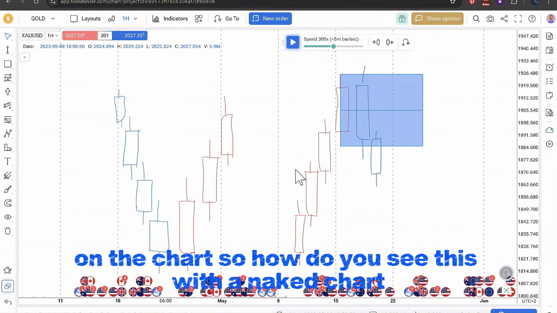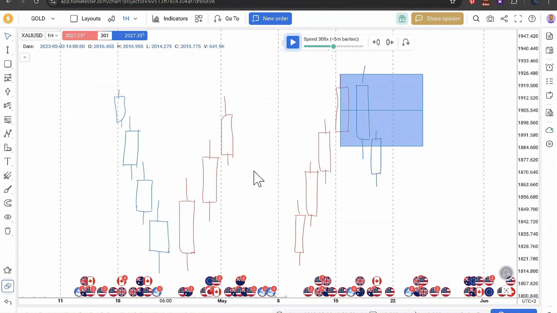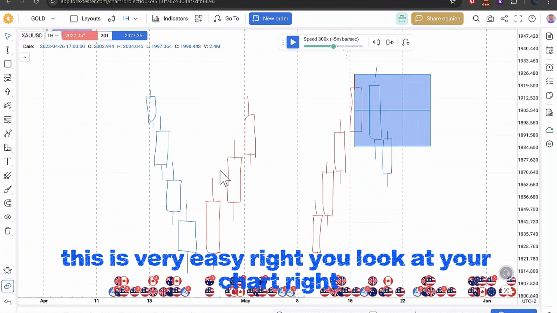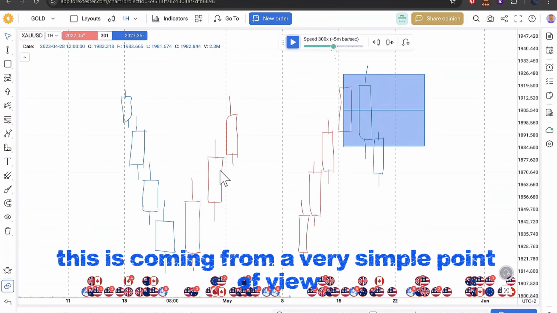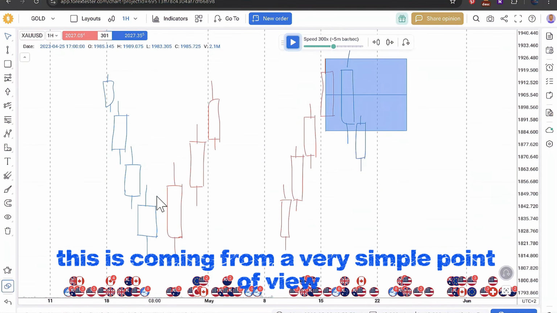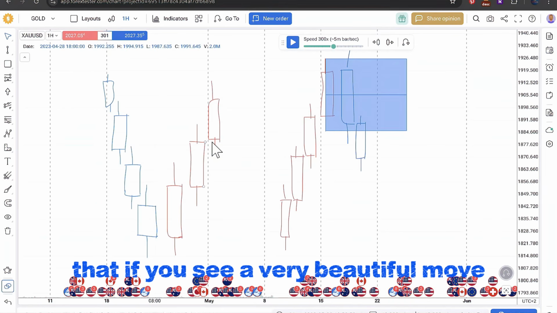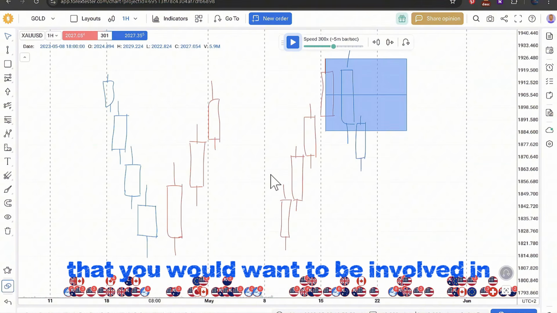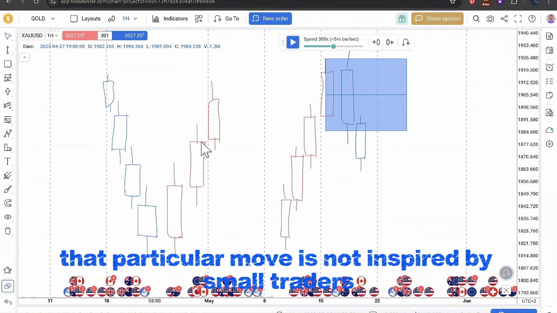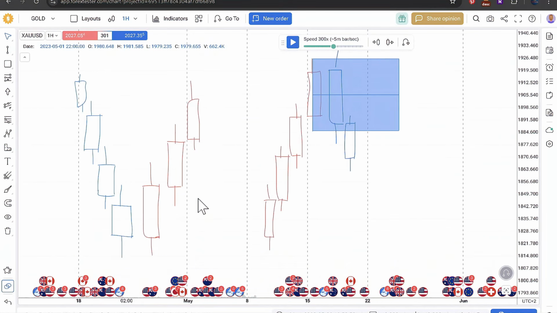So how do you see this with a naked chart? This is very easy, right? You look at your chart, and you look for a very aggressive move on the chart, because this is coming from a very simple point of view: if you see a very beautiful move, a big impulse move that you would want to be involved in, that particular move is not inspired by small traders like you and me.